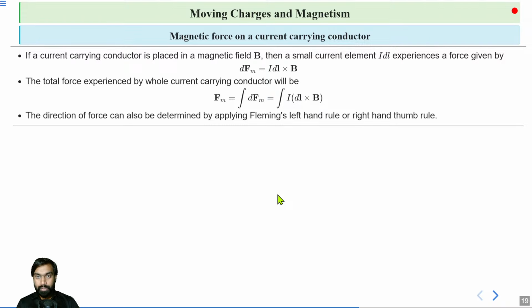So align your left hand such that the thumb, forefinger and middle finger are mutually perpendicular. Forefinger points in the direction of the magnetic field B, middle finger points in the direction of current I, thumb points in the direction of the force Fm on the conductor. So using this we can calculate the direction of the force.